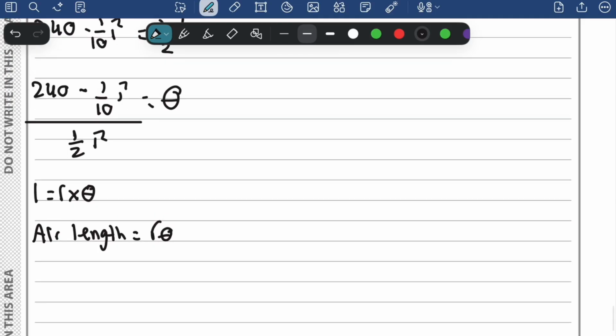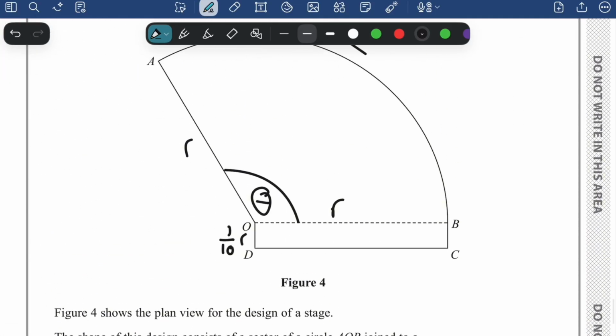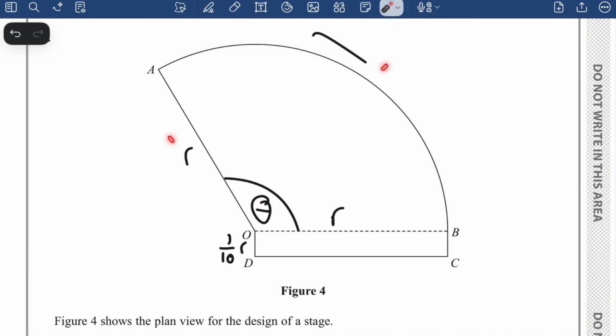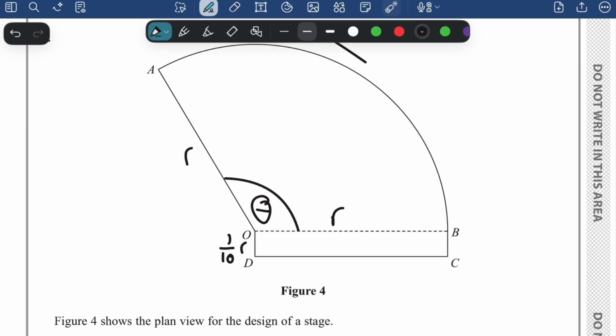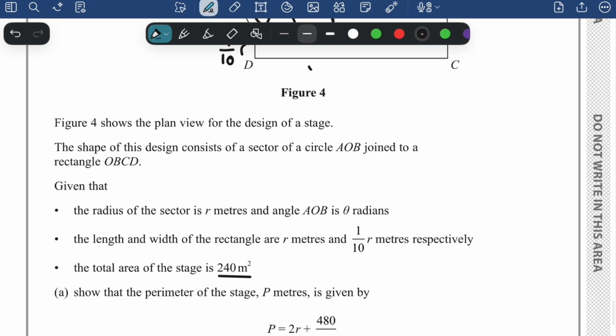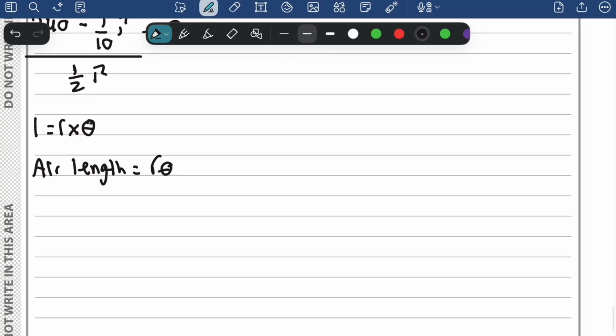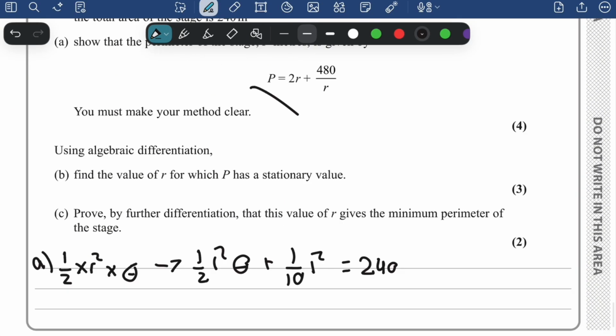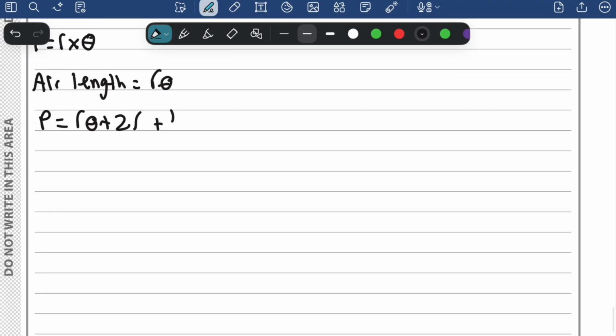Then we need to find the perimeter, so we need this and this, and we just need r here and r here, so we add 2r. So perimeter equals r theta, add 2r. And then we need to add these two widths, so 1/10 add 1/10 is going to be a fifth. So it's going to be add 1/5 r.